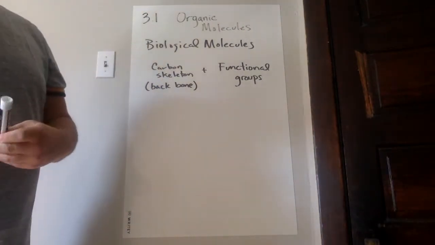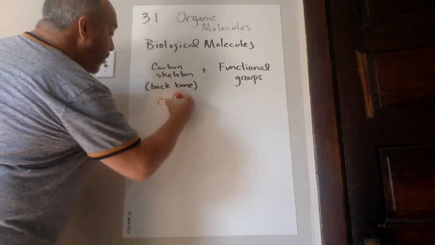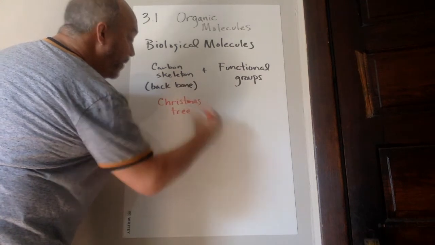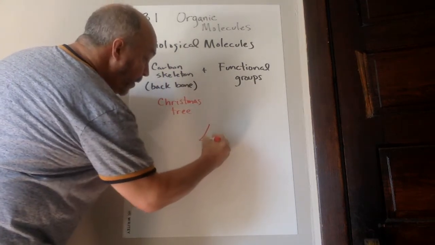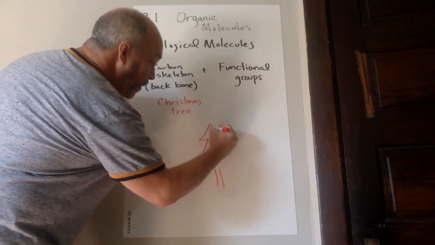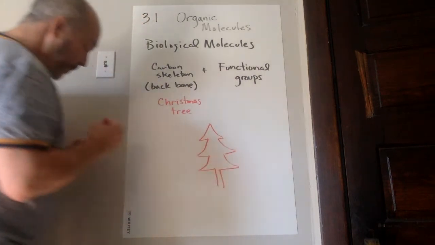Or, as I like to put it, you can think of carbon as the Christmas tree. Probably should have done this in green, but here's our Christmas tree. It's the base of many people's decorations come Christmas time.